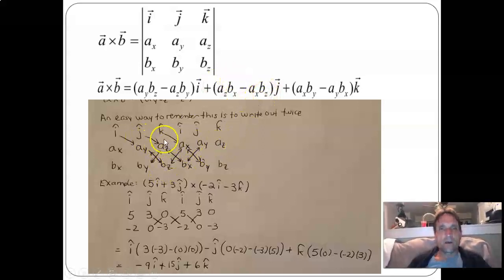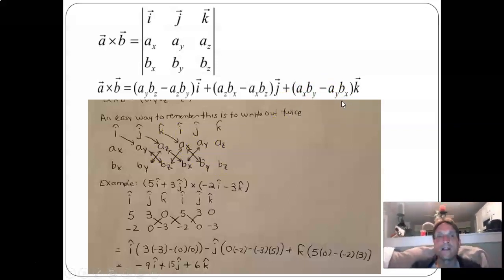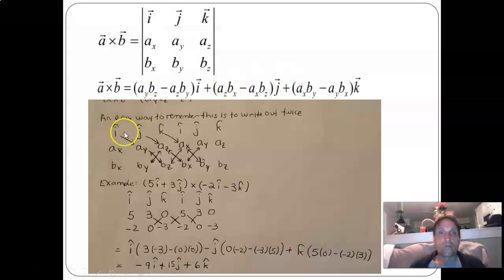To get the K component, we go one over, it's AX BY minus AY BX. So that's another way to remember it if you haven't done linear algebra and determinants: you write each one of these twice, and then we take the diagonals between the two.